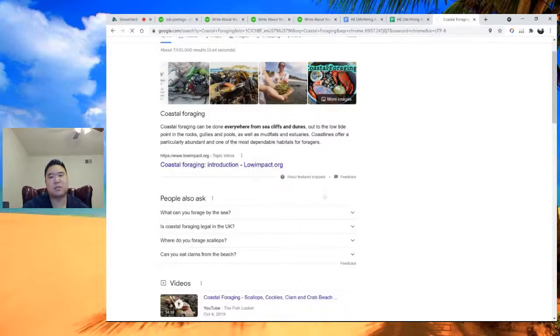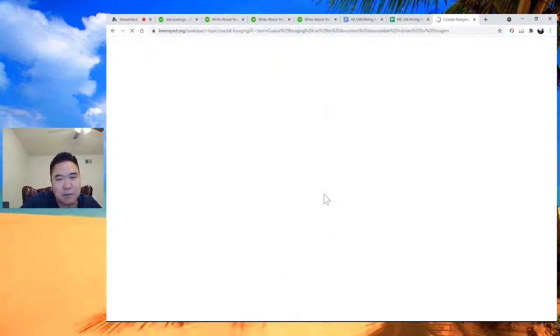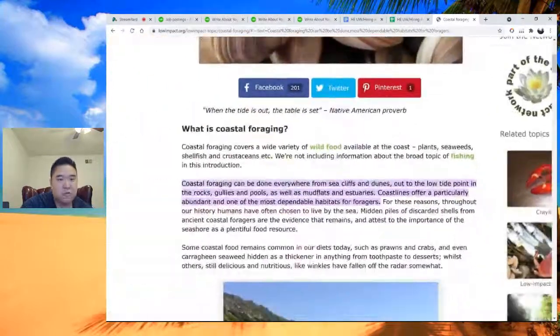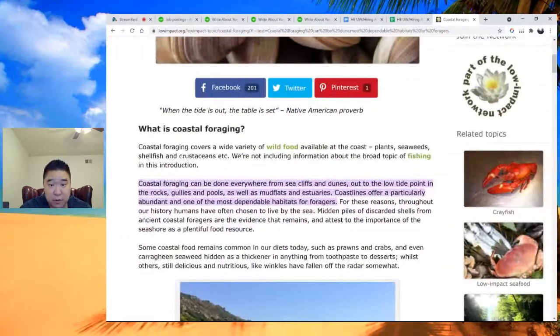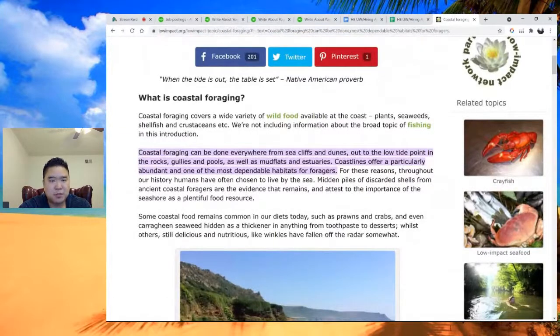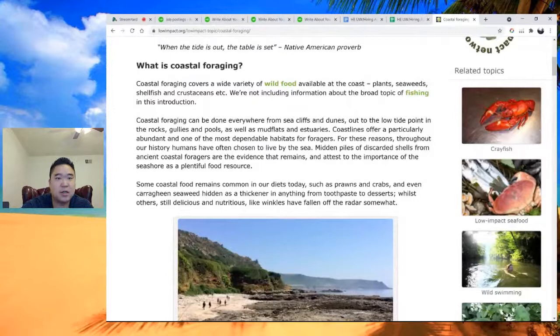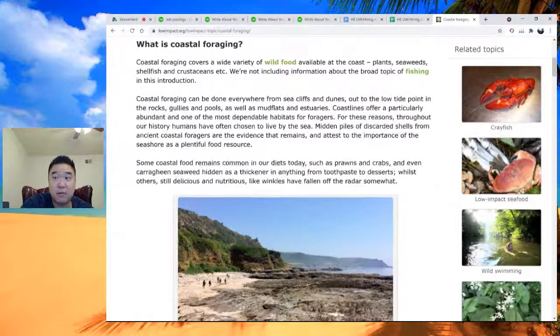Okay? So someone's explaining what coastal foraging is. I'm not familiar with the topic, so I need to learn a little bit. Coastal foraging covers a wide variety of wild food. Okay, so basically, you're going around and eating food. Coastal foraging can be done everywhere from sea cliffs and dunes out to the low tide point in the rocks. Some coastal food. Okay, so you're getting coastal food.